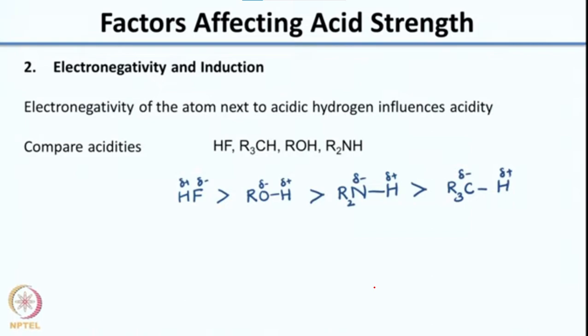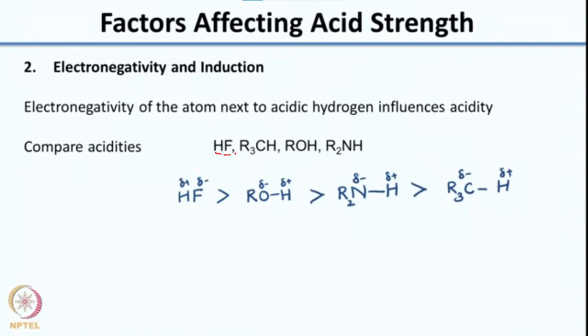Now the second factor is electronegativity and induction. The electronegativity of the atom next to the acidic hydrogen influences acidity. Suppose we have hydrogen and the next atom is fluorine, hydrogen fluoride, and this is a very electronegative atom.